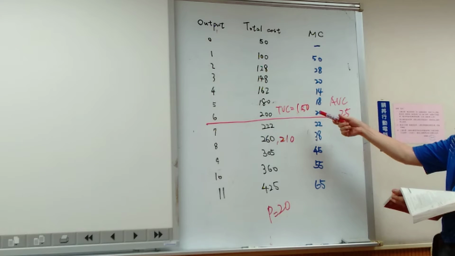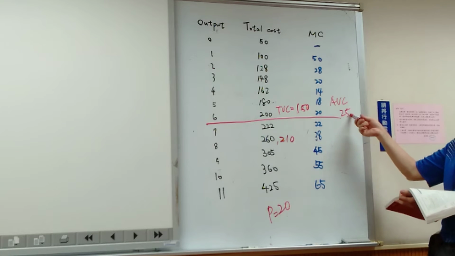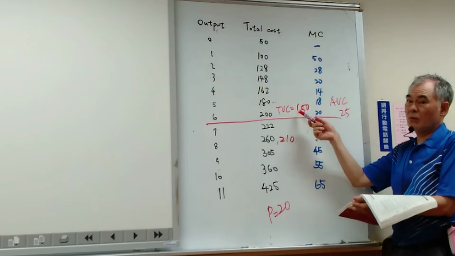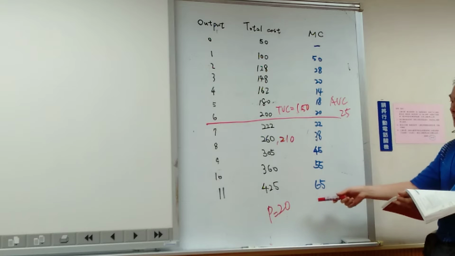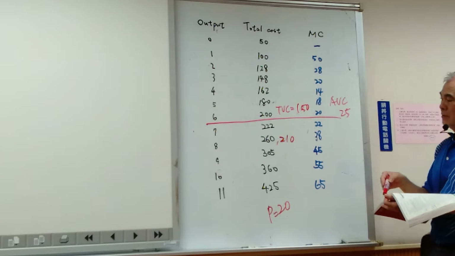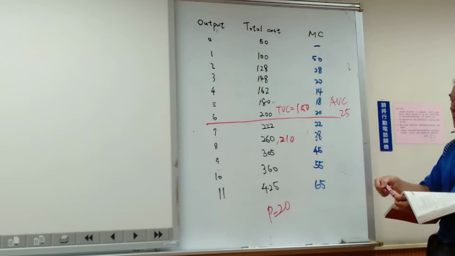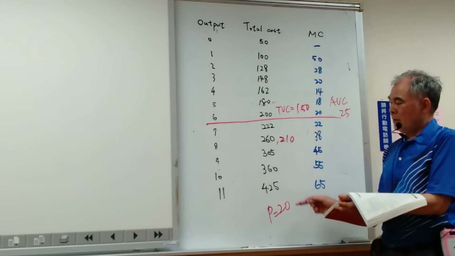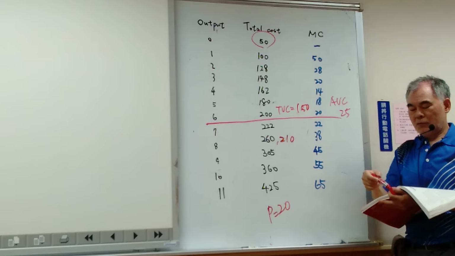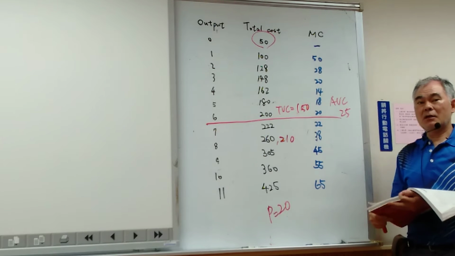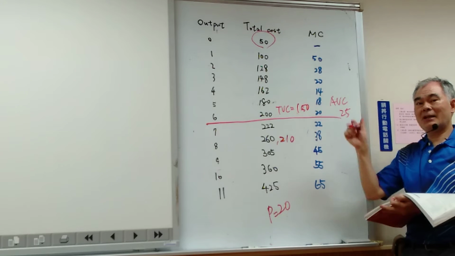The total variable cost is 150, so average variable cost is 25. And here you got 20. So what should the firm do? Because the fixed cost is 50, in the short run the loss has to be less than 50.